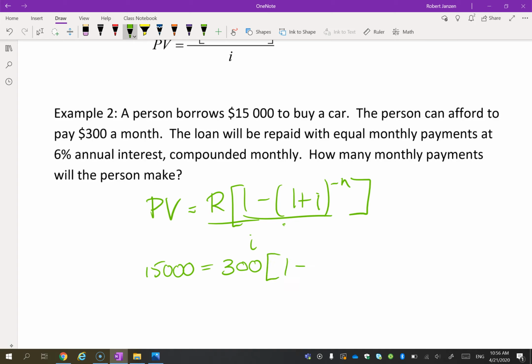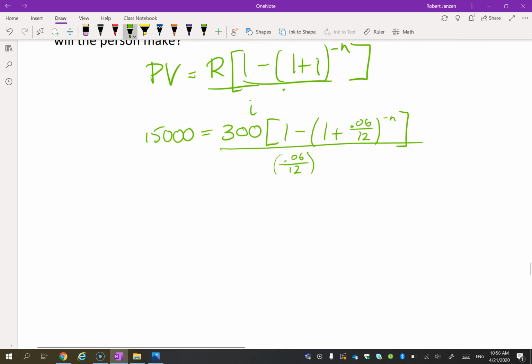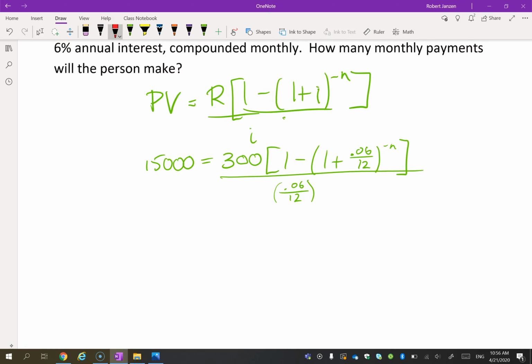Okay, so I'm going to go 1 minus 1 plus, again, the interest rate is 6%, but remember you have to do that over 12 because it's compounded monthly. And then here is going to be 0.06 divided by 12 as well. Okay, so very similar. We're going to peel it away again.